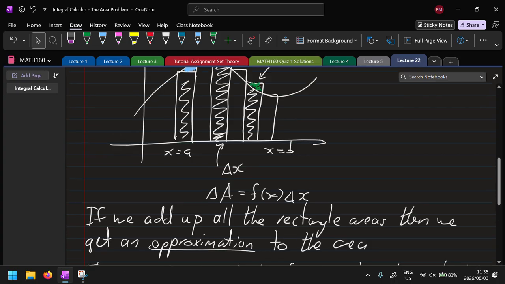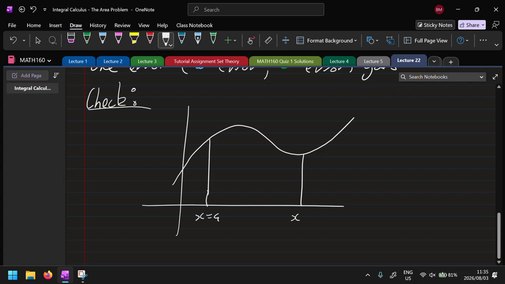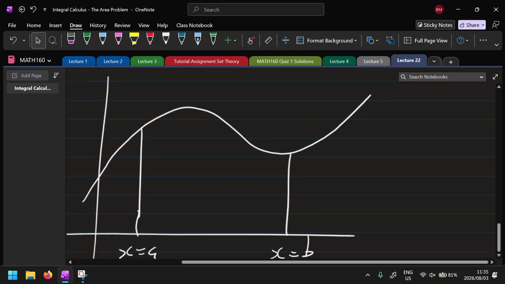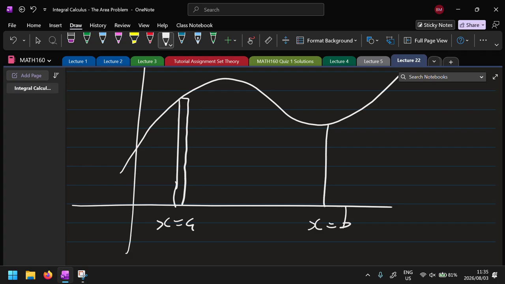So from x equals a to x equals b, that was somewhere here. Okay, so we're going to zoom in a bit and add more rectangles, or equivalently make them smaller. Okay, so we'll just add 2 over there.